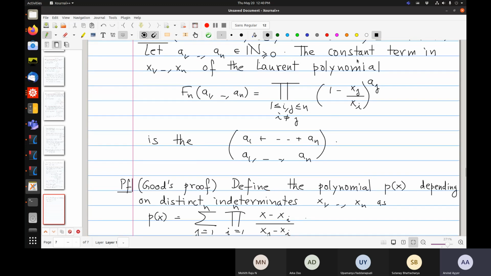So in F_n, a_n only occurs when j equals n. So when j equals 1 through n minus 1, we have the same things.